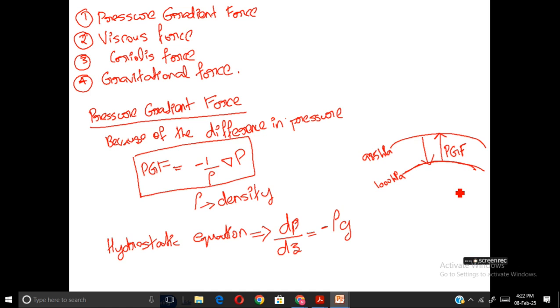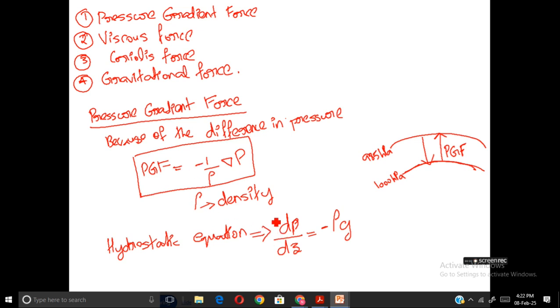But when we move along the latitude or along the longitude, the changes will be comparatively less compared to the vertical gradients. So this basically shows how the vertical pressure gradient is being balanced by the gravitational force, which is g.